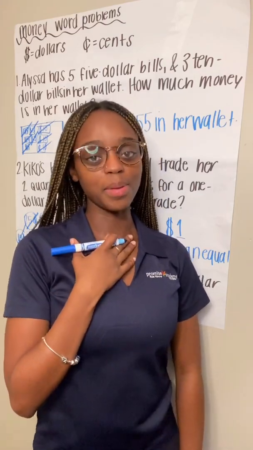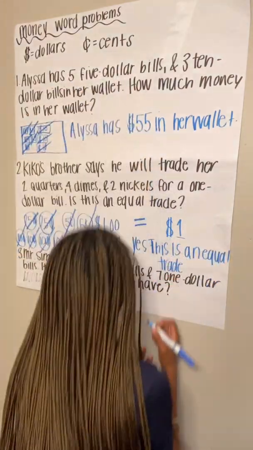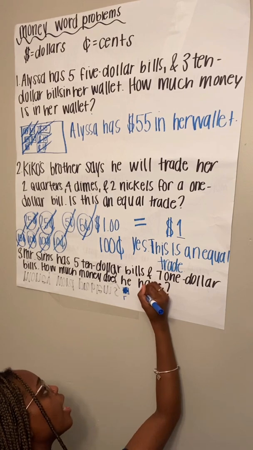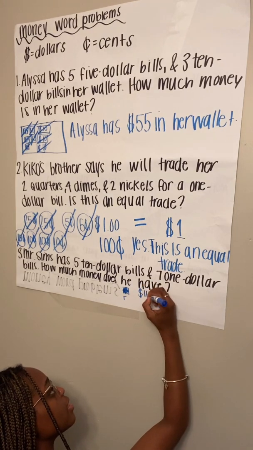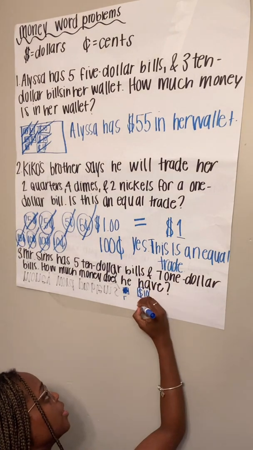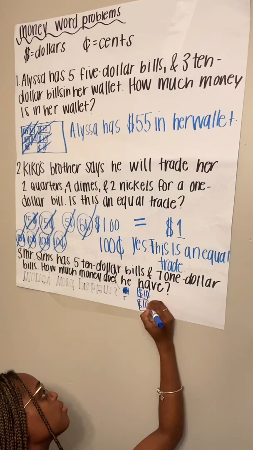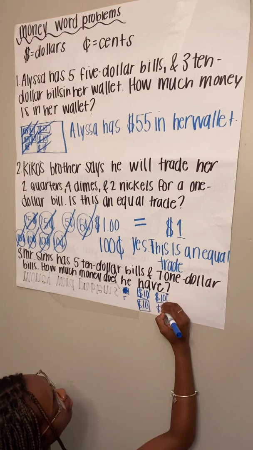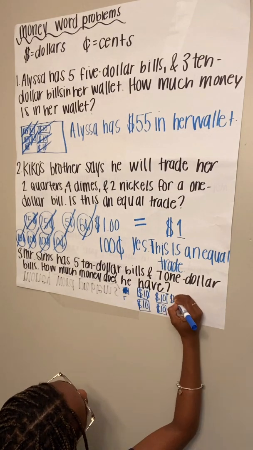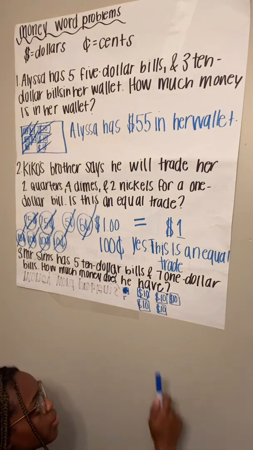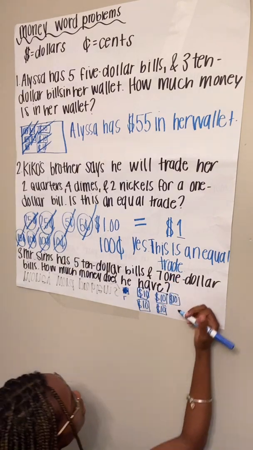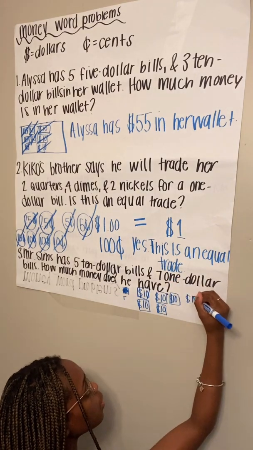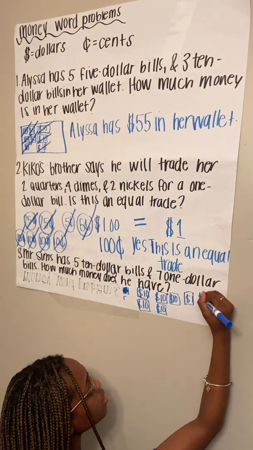Once again, we will draw rectangles and we will put our dollar signs and $10 bills. And it says he also has 7 $1 bills. So we're going to draw 7 $1 bills.